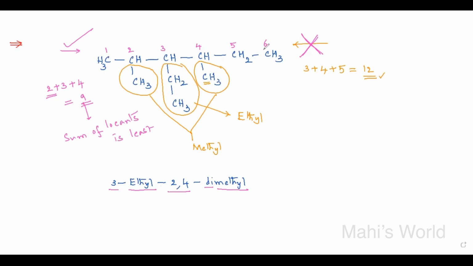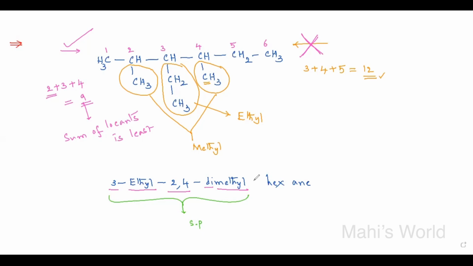And finally, coming to the parent, see, overall, right up to this, it is the secondary prefix. Now, the parent chain has 6 carbons with single bonds between them. So it's very clear.